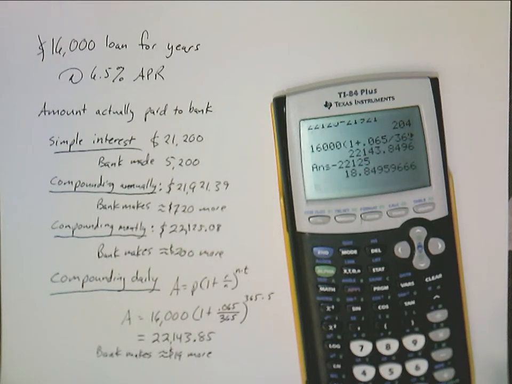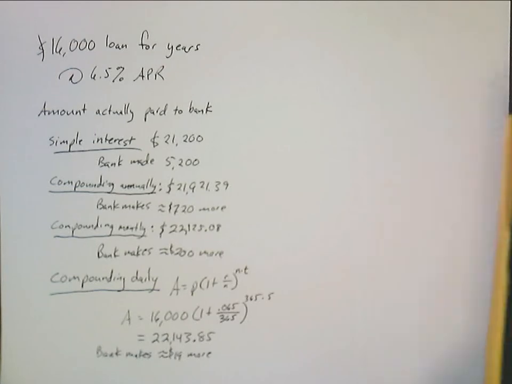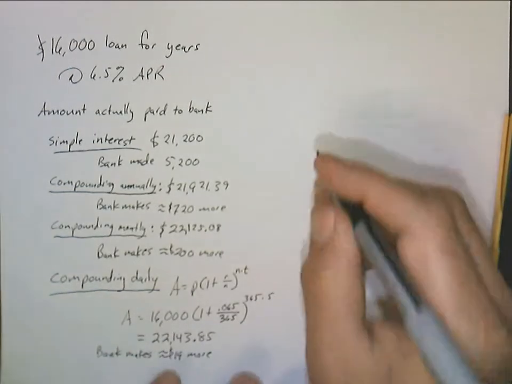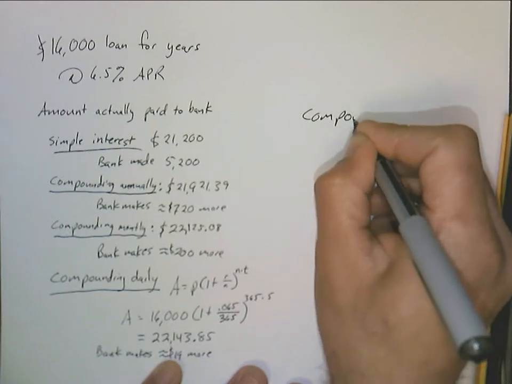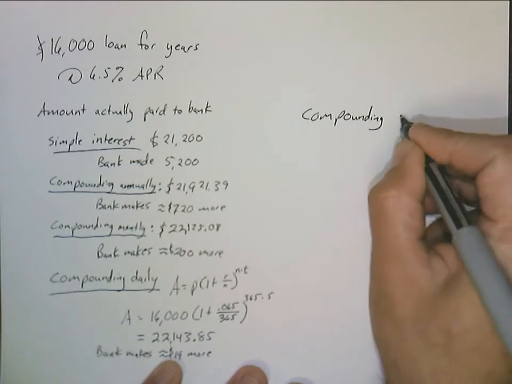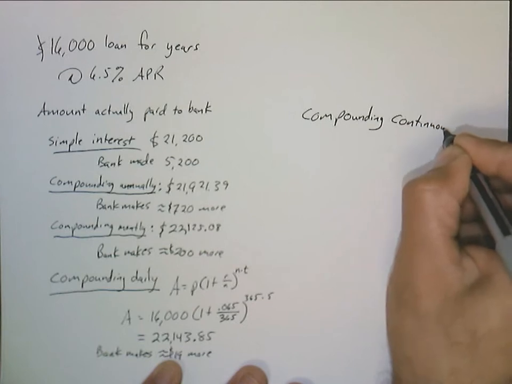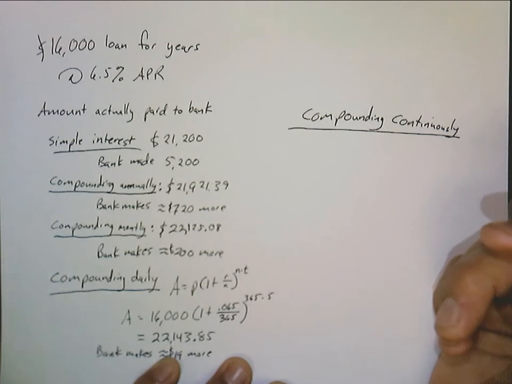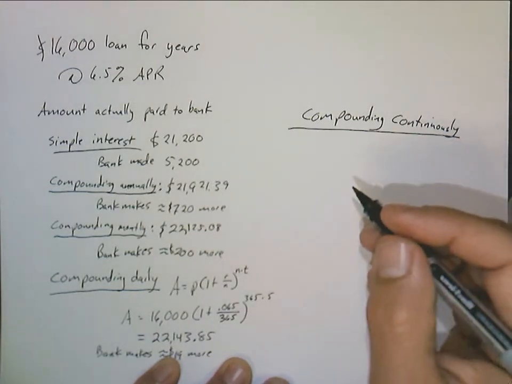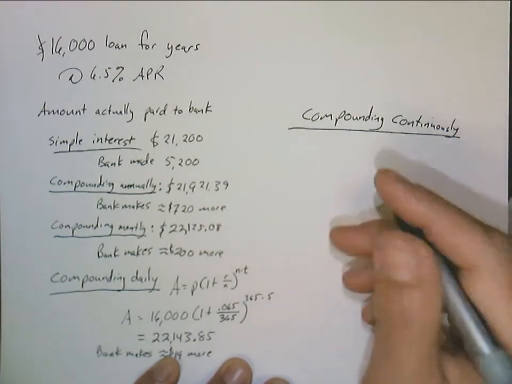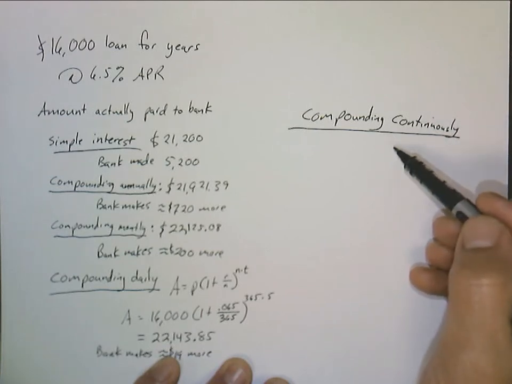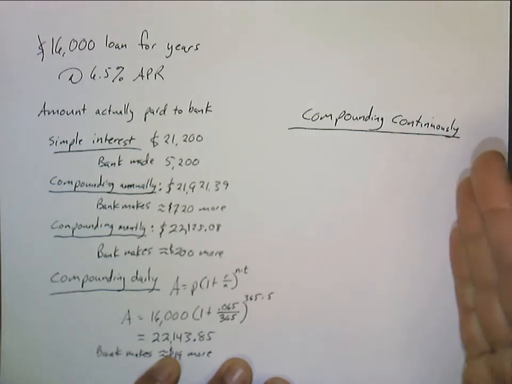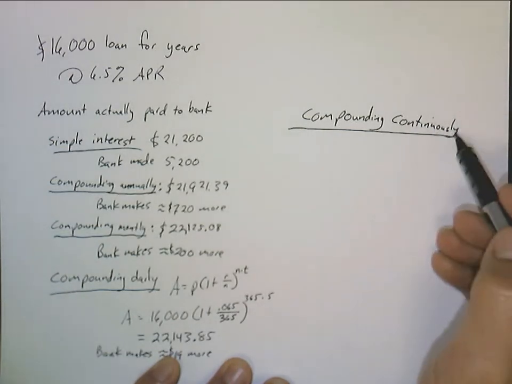Now, there is even more to it than this if we really wanted to. You can compound continuously. Now, deriving this one is going to involve a little bit of calculus, but basically the idea is that we're not compounding every day, we're not even compounding every hour, we're not compounding every second, we're compounding every single moment continuously.